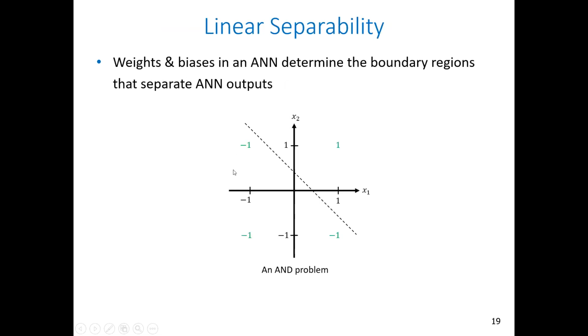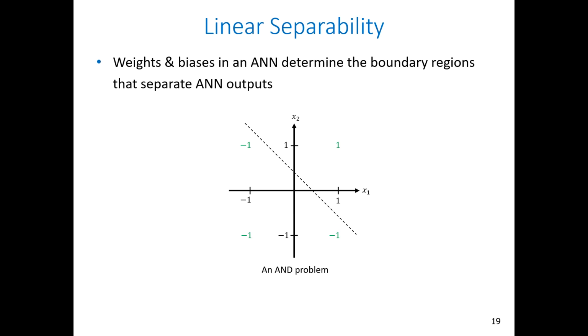Here, the x-axis is input 1, the y-axis is input 2, and instead of using the conventional logic levels 0 and 1, we use -1 and 1. So -1 means 0, 1 means 1.